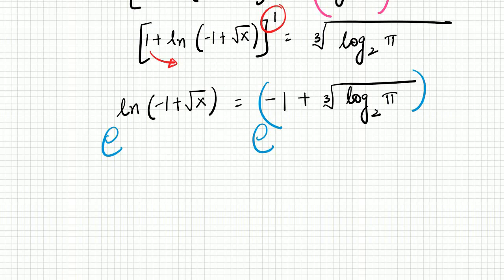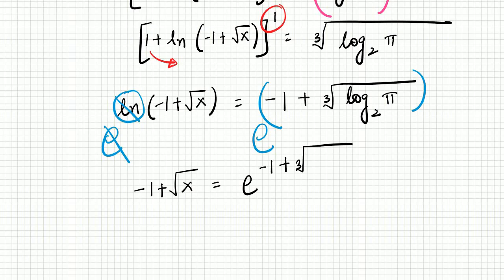Why am I doing that? Because I want to cancel this log, and only with e can they be cancelled. So minus 1 plus square root x equals e to the power of minus 1 plus the cube root of log base 2 of pi. This is just the normal thing to do till here.